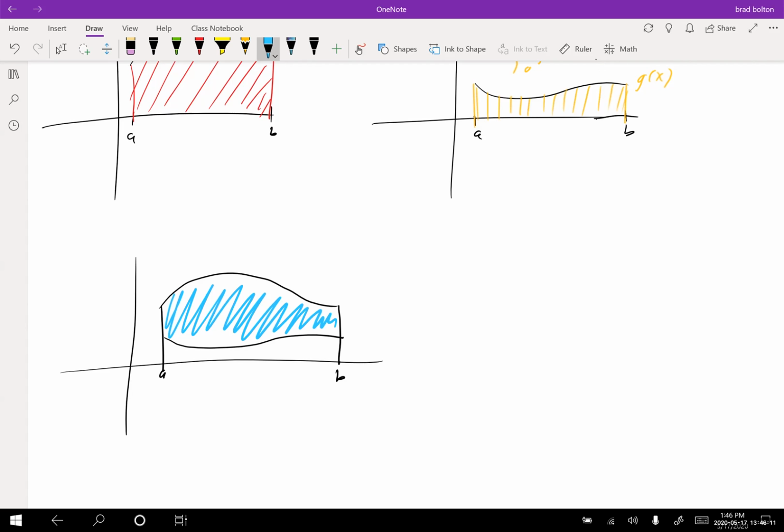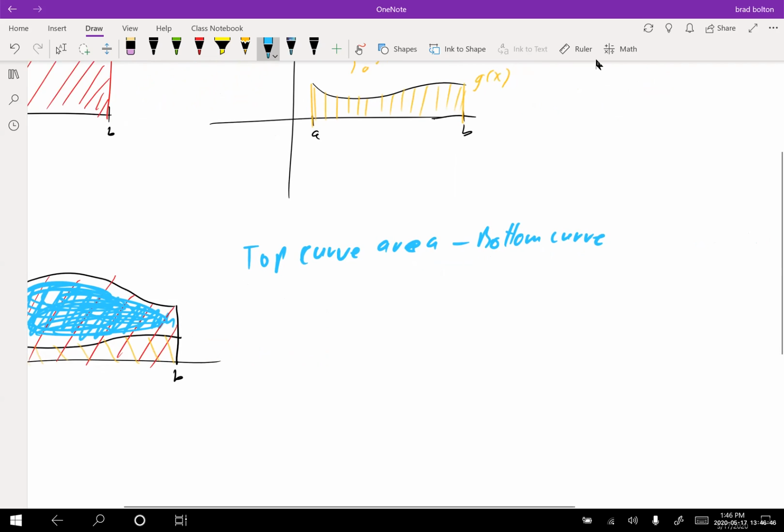So what I would do is take the big area on top, the top curve's area, and subtract off the little curve's area. And what would be left behind would be this blue area right here in the middle. So that's the idea behind what I'm going to do here. We would do top curve area minus bottom curve area.